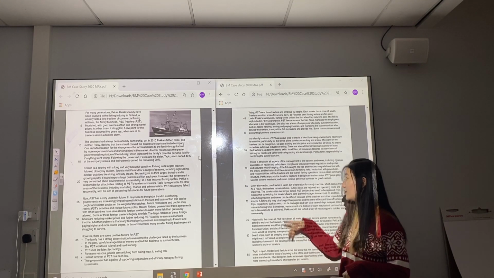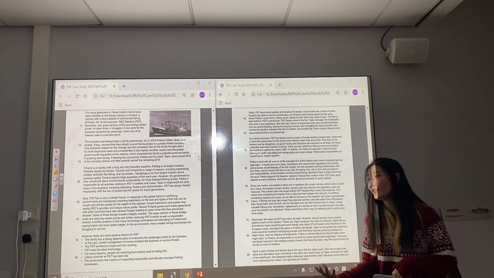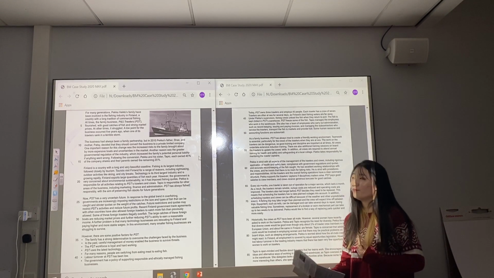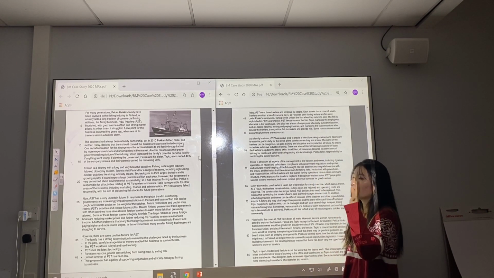And then Pekka is strict with all aspects of the management. We could say this is a weakness because she really doesn't allow much room for freedom. If we look at how she operates, she monitors everything. She knows everything.